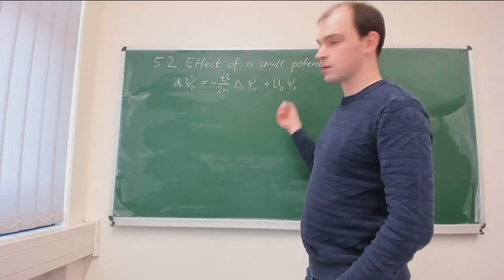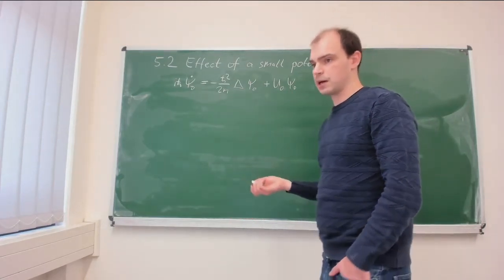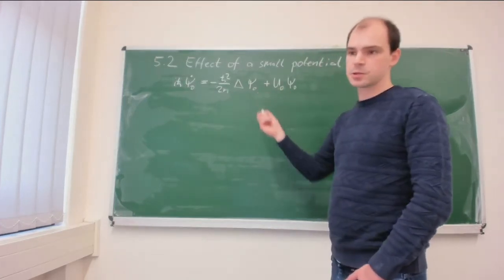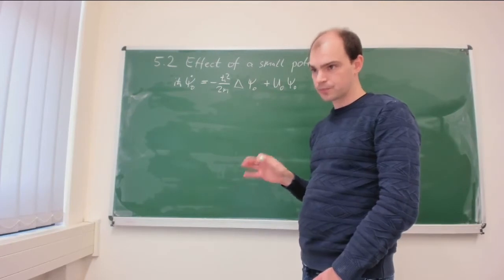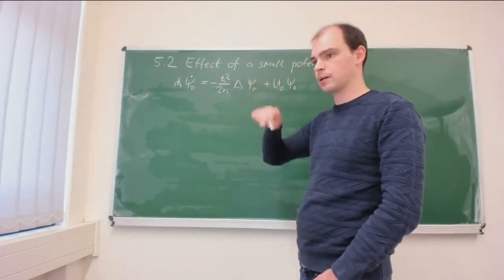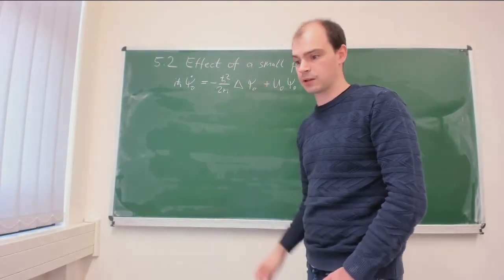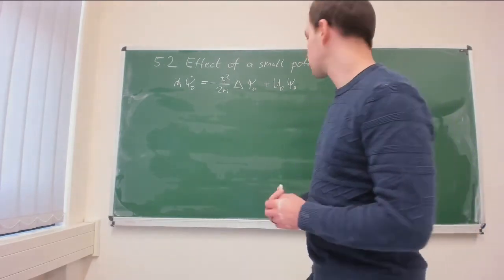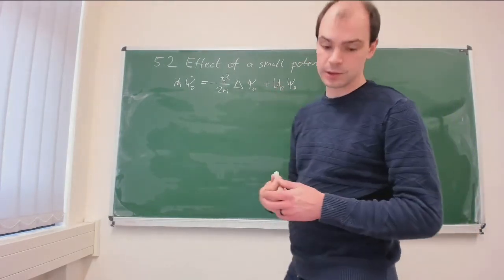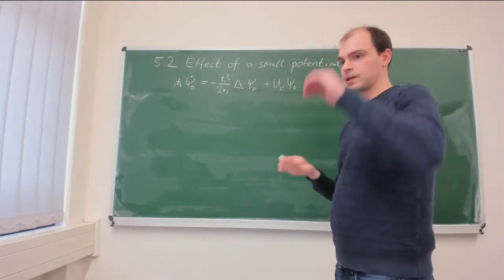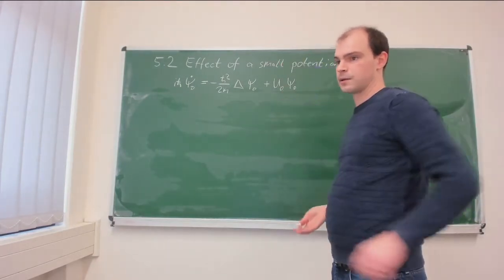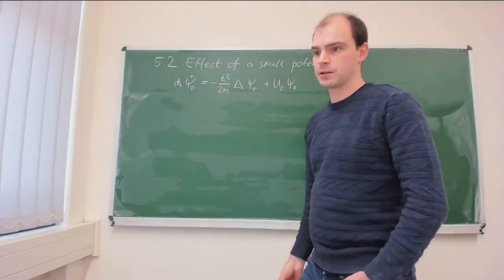So in particular for the interferometer that we have in mind, U0 would contain all the reflections at the mirrors, all the Bragg reflections are described by this potential U0. So this is what essentially gives us the splitting in the two paths and the recombination into one path.